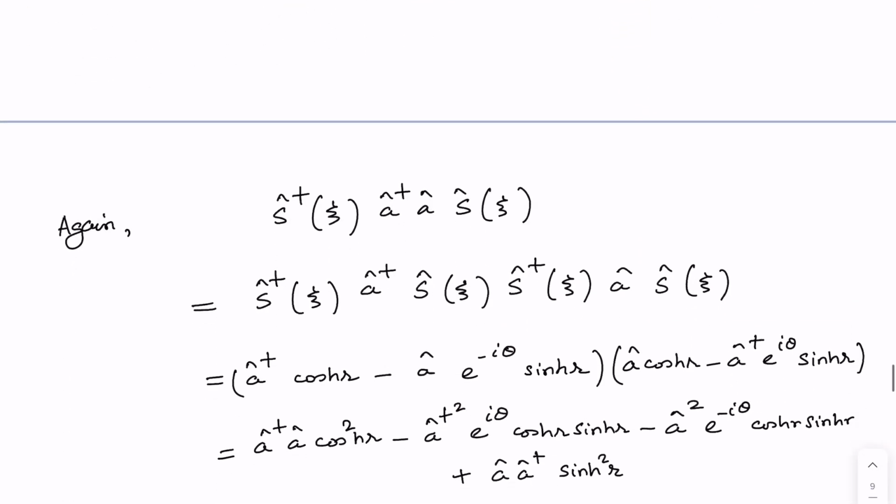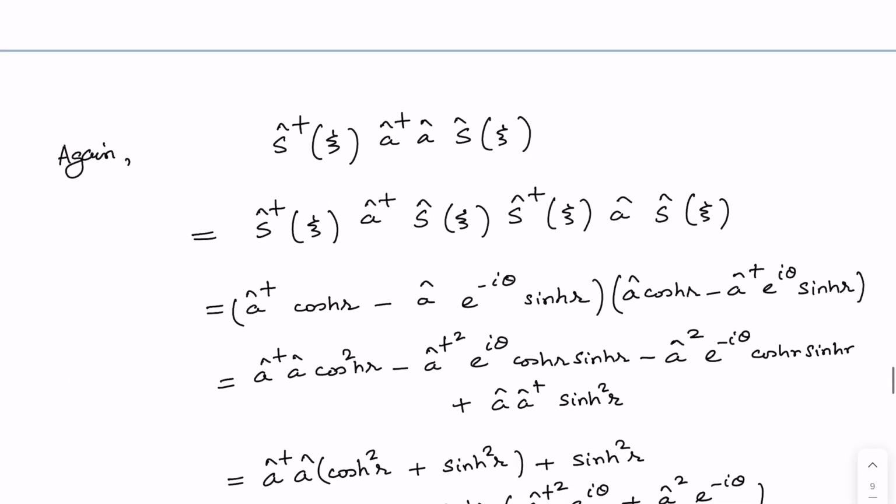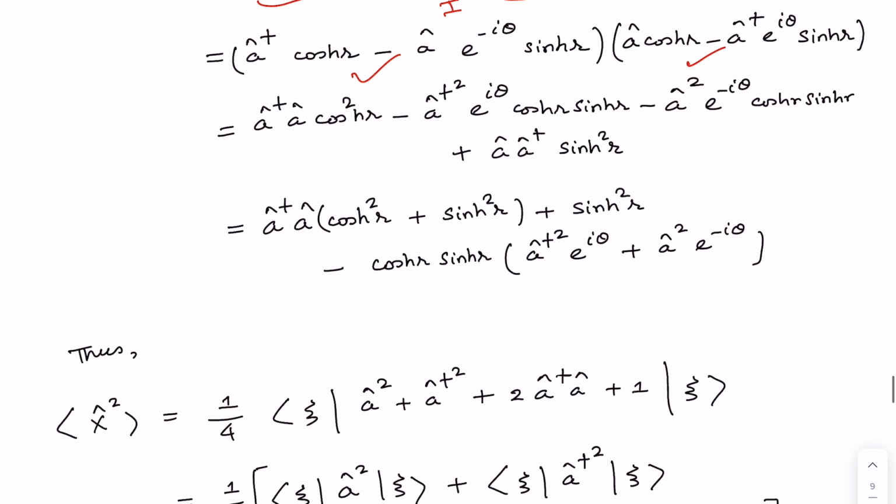And then you also have to work out the other terms. For example, this one you also have to work out, and for that again the same tactic applies. You have to sandwich this with S S dagger, because that is equal to identity, and this will enable you to use these known properties of the squeeze state. This is the expression you can put there, and you can expand it, and this is what you will get.